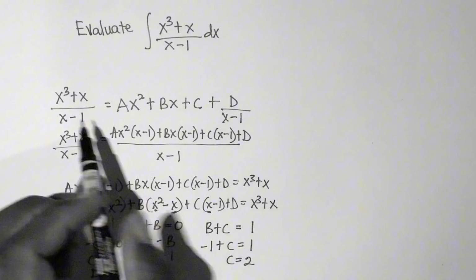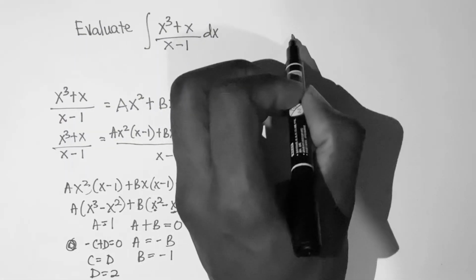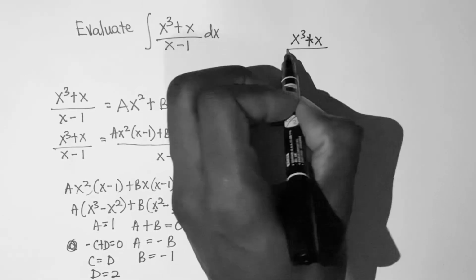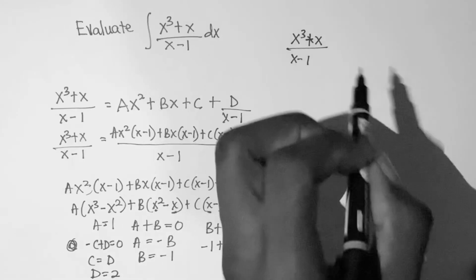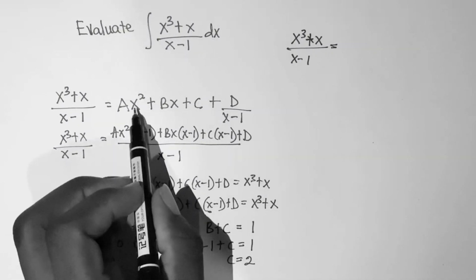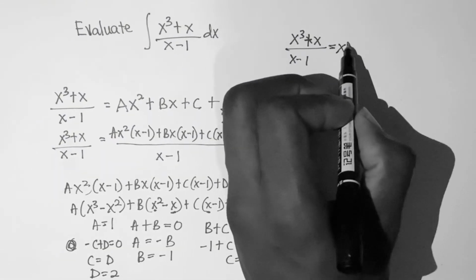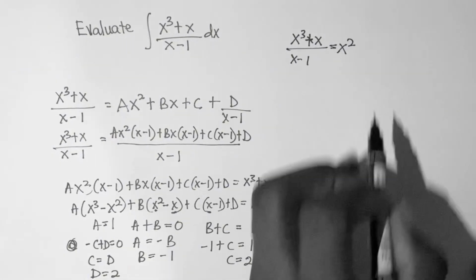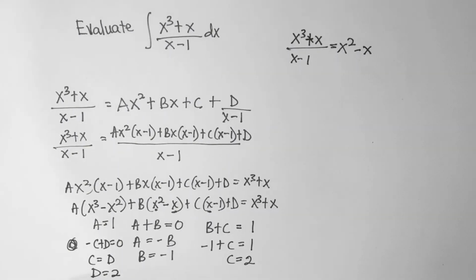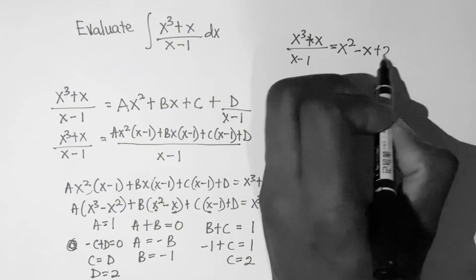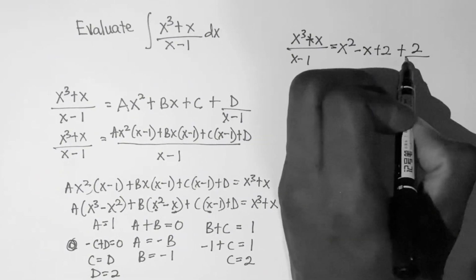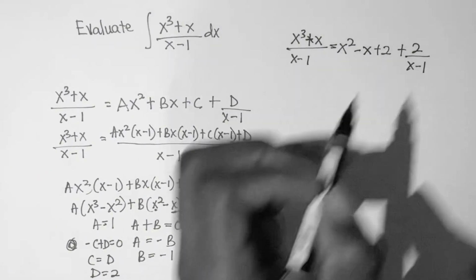So now this partial fraction, x cubed plus x divided by x minus 1, can be written as equal to ax squared, where a is 1, so x squared, then plus b is minus 1 times x, which is minus x, and then plus c, which is 2, and then plus d. D is also equal to 2, so plus 2 divided by x minus 1.